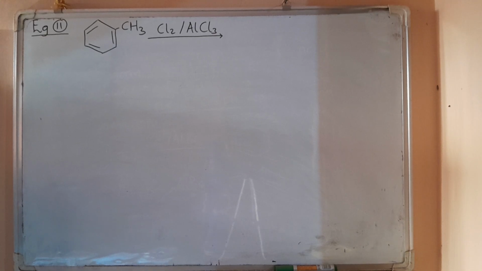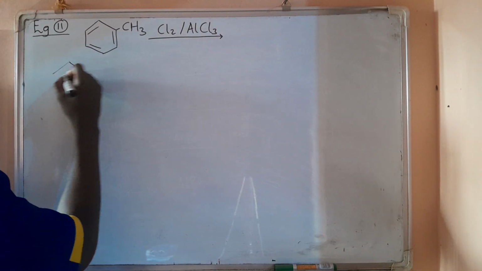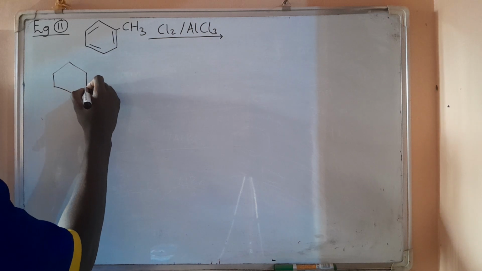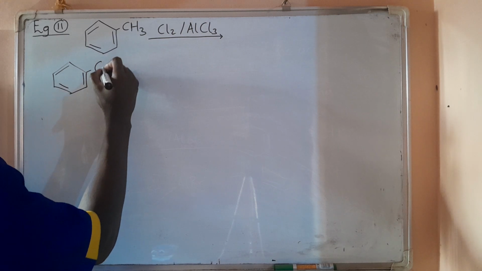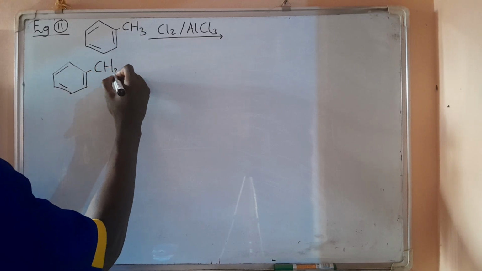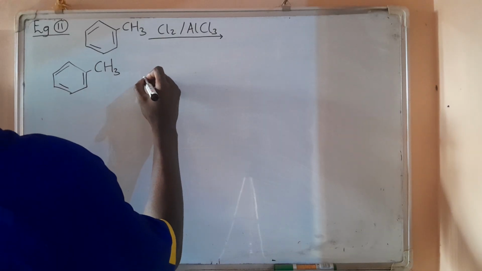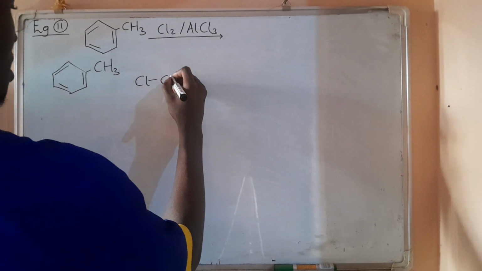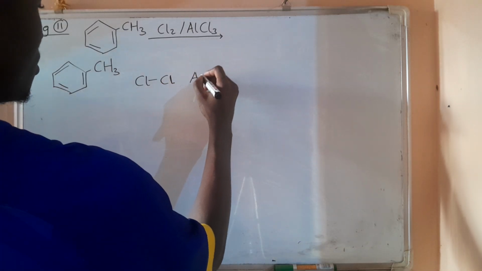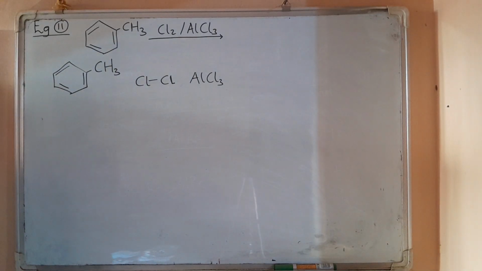In the second example, I have methylbenzene reacting with chlorine. So I'll bring my methylbenzene here, example 2, reacting with chlorine. I write my chlorine like that in presence of Lewis acid catalyst aluminium chloride.